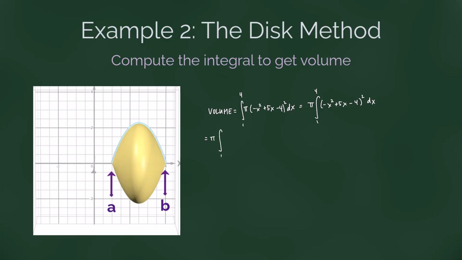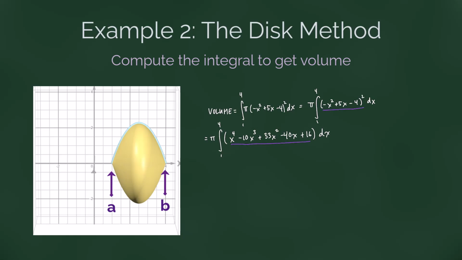Squaring our integrand is going to give us pi times the integral from 1 to 4 of x to the 4th minus 10x cubed plus 33x squared minus 40x plus 16 dx.